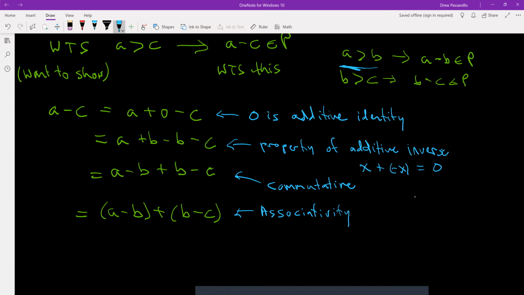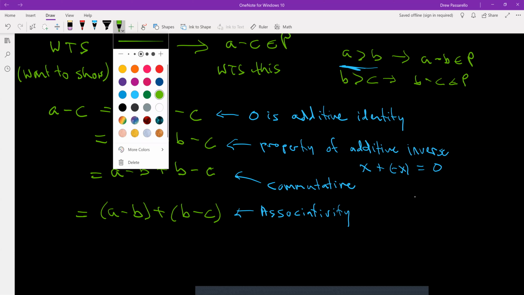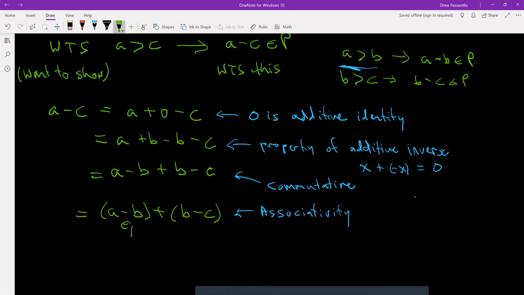So this whole thing, A minus B, is an element of P because A is greater than B by our assumption.